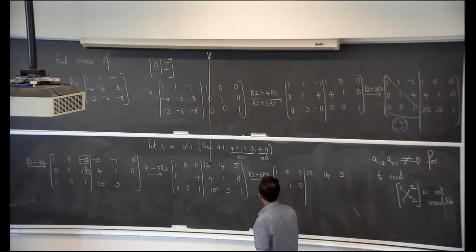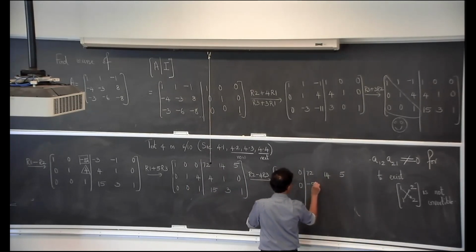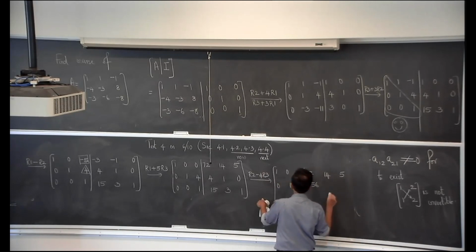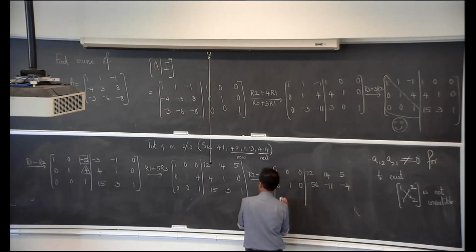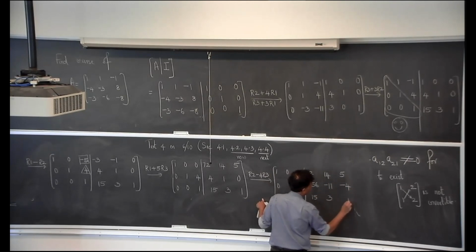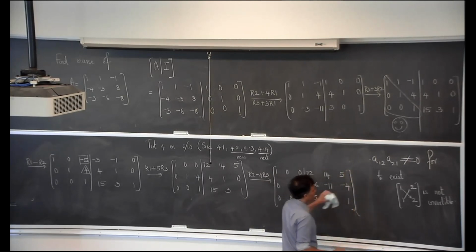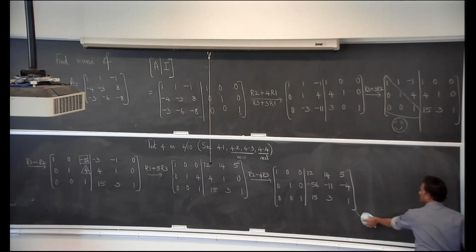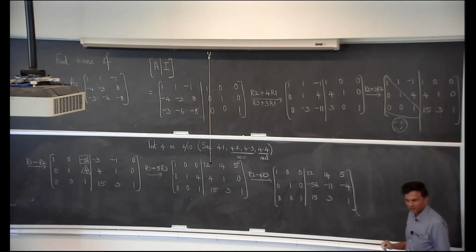R2 minus 4 R3 is 4 minus 60, that is negative 56. 1 minus 12 is negative 11, and negative 4. Are all those numbers correct?